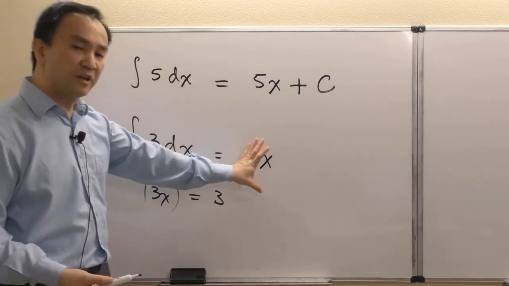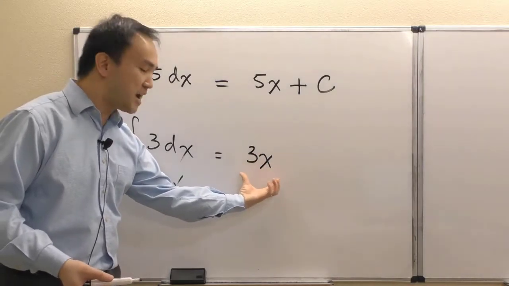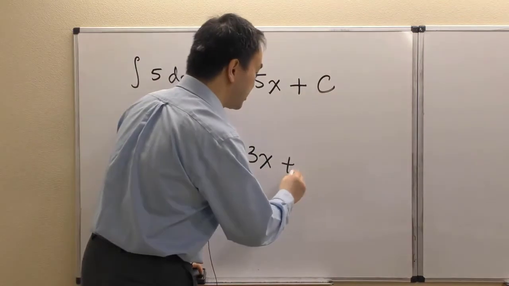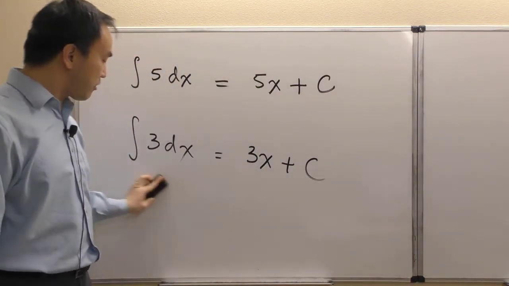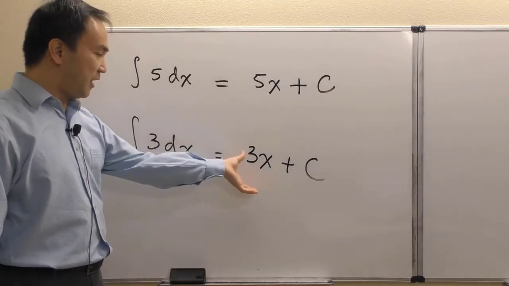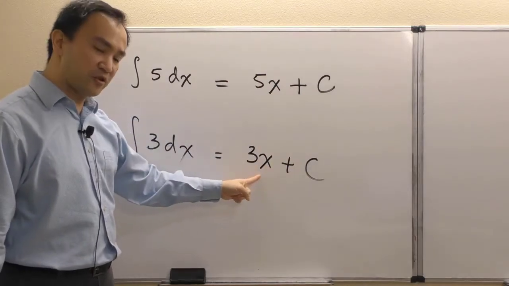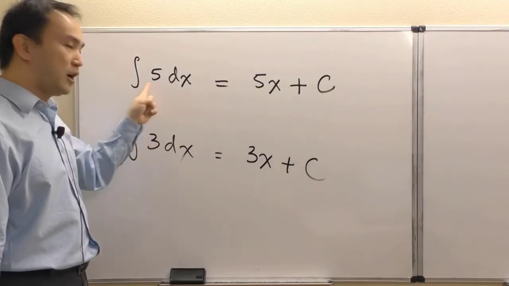But this is only an antiderivative, the main one, as we learned previously. So the general antiderivative must add that constant c right here. All right, so two problems we have done so far. Our final antiderivatives turn into a linear function when originally, before taking the antiderivative, it was a constant function.